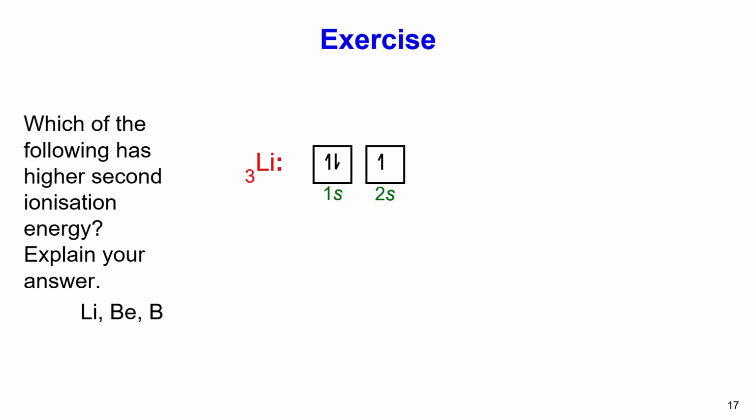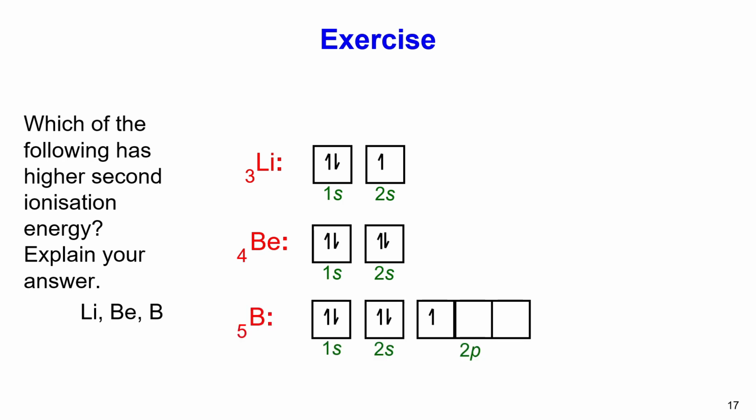So kita try out this exercise. Which of the following has higher second ionization energy? Explain your answer. So kita tengok dekat sini. Higher second ionization energy, lithium, beryllium and boron.